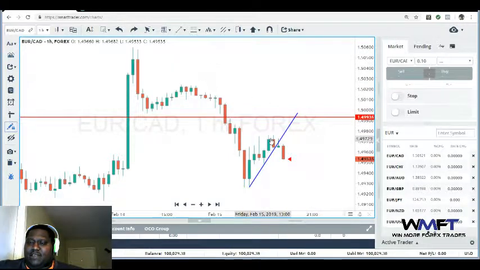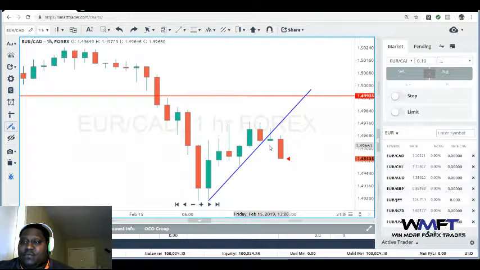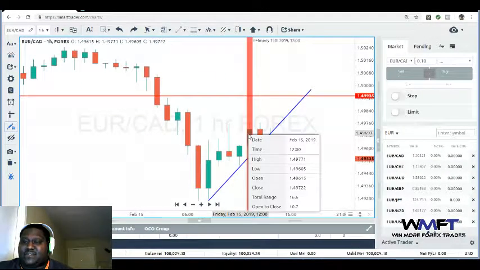So if you were to start selling the market when the market opens, you want to place your stops 10 pips above the high, and you have a high of 4977. So you would put your stops at 4987, or if you want, you could put your stops at 4993. That's just another 10 pips away.